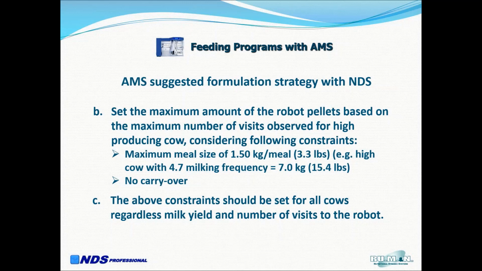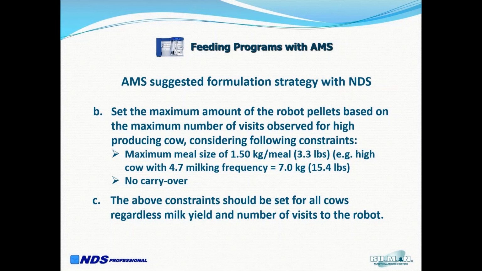So if a high producing cow visits the robot, with a milking frequency above 4.5, close to 5, the maximum amount should be around 15 to 16 pounds per day. And the above constraints should be set for all cows, regardless of the milk yield and the number of visits.